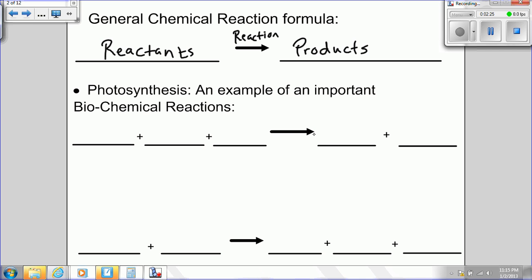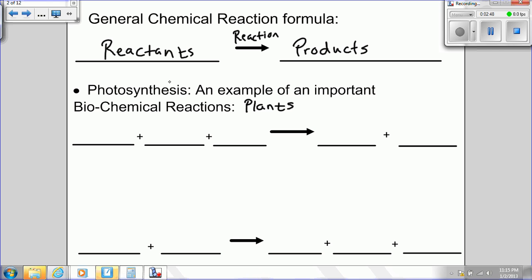You do see the arrow here. But it is bio because it happens in organisms, specifically plants, not animals. Us animals wish we could do it, but unfortunately, we did not evolve that way. So plants undergo this biochemical process called photosynthesis.